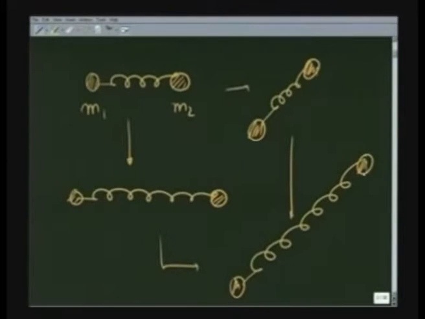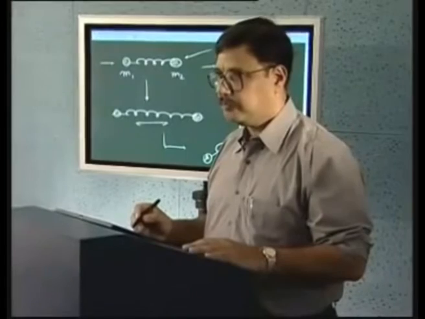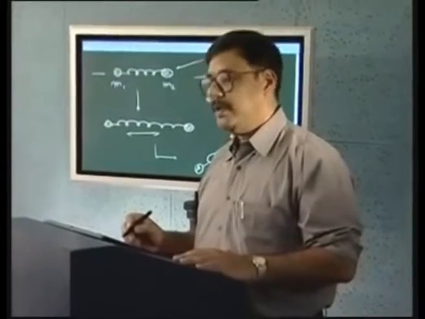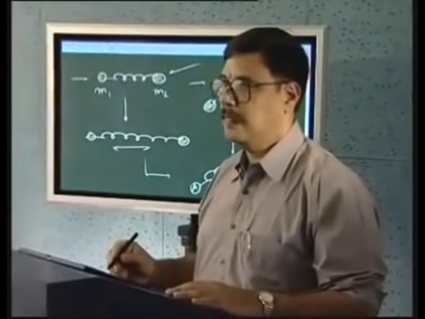And mind you, in all this process, there is a force that is acting on both the particles through the spring, and I am also applying a force on this and a force on this. So how do we go about describing such a motion, and what happens when the number of particles increases?